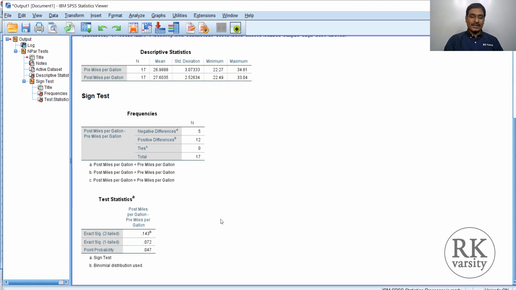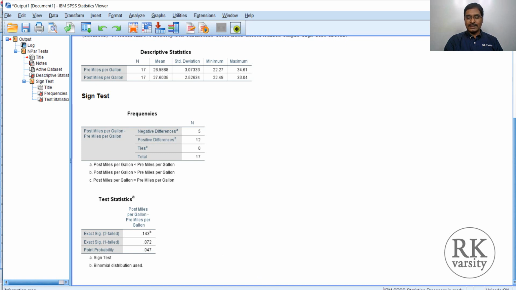As the significance value is greater than 0.05, we retain the null hypothesis, indicating that there is no change in miles per gallon before and after the oil change. That means the oil change has not impacted the miles per gallon. Even if you look at the one-tail test, it is 0.07, which is again greater than 0.05, which suggests we retain the null hypothesis.